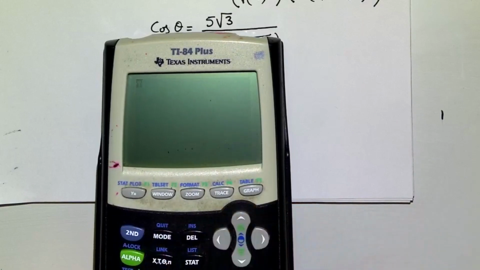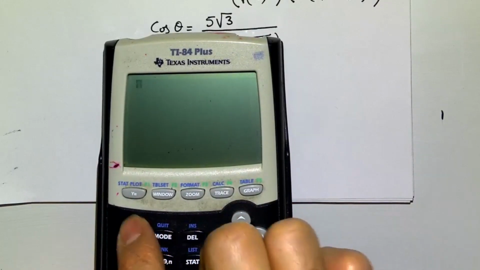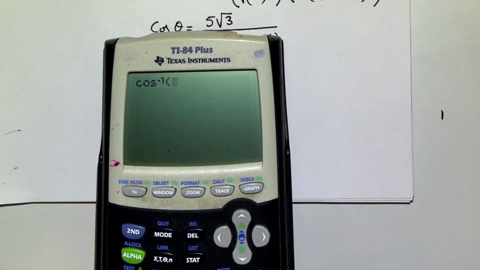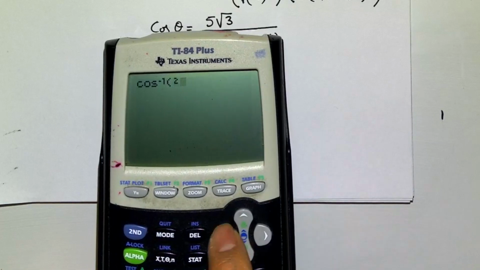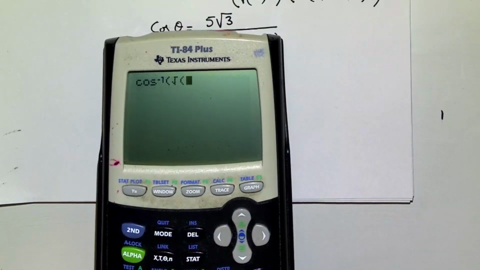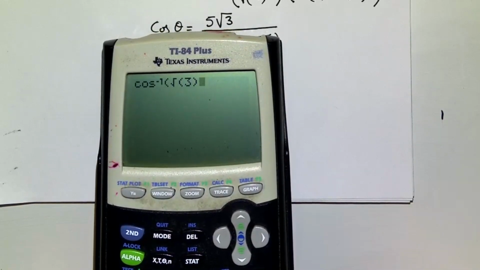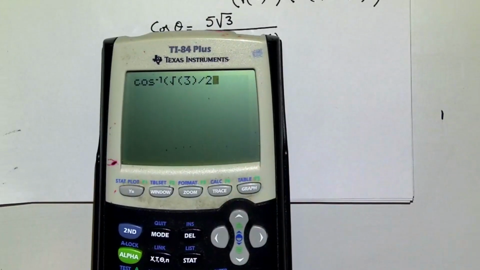So here's the fix for it. I'm going to take the inverse cosine of square root of, this should work. So let's see. Square root of 3, and I'm going to close the parentheses. I should have done that. Okay, so now I close the parentheses, and I'm going to divide that by 2.